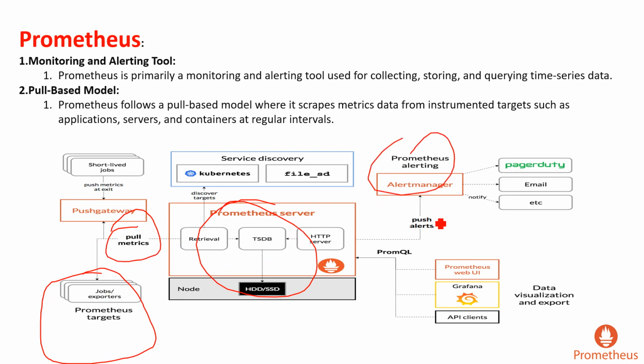Of course, for alerting we push, and there is PromQL and all, but it mainly works on pull. Prometheus follows the pull-based model, where it scrapes metrics data from instrumented targets such as application servers and containers at regular intervals. The interval we can set to every 5 seconds, every 15 seconds, or milliseconds, or whatever you feel. On the basis of the data you need, you can configure it.